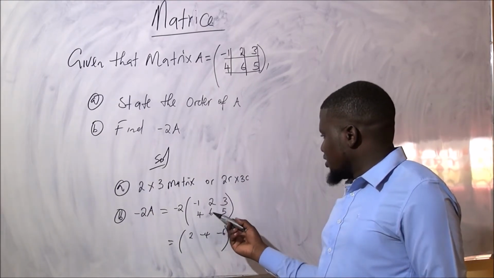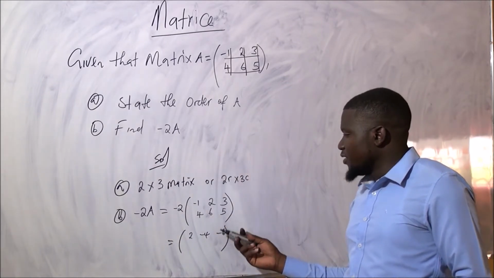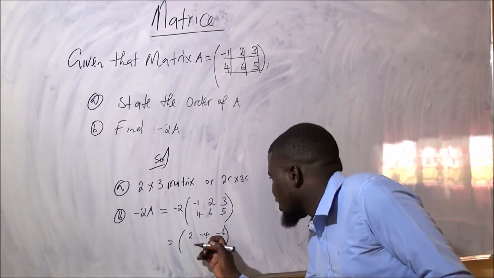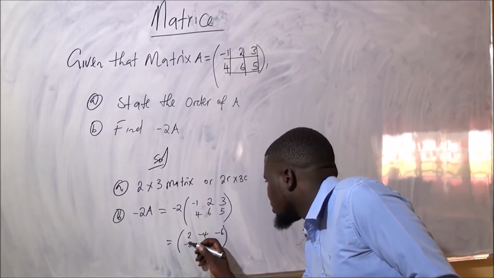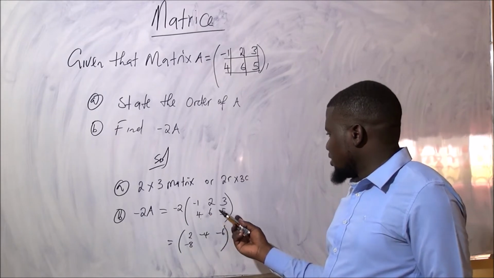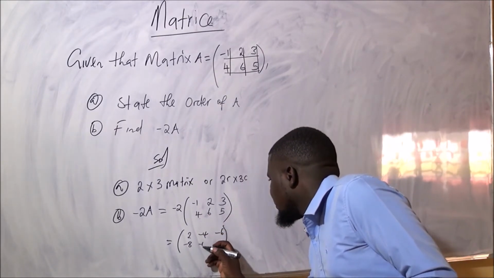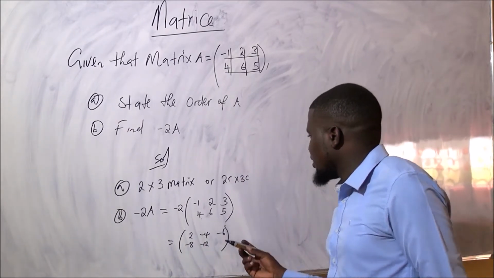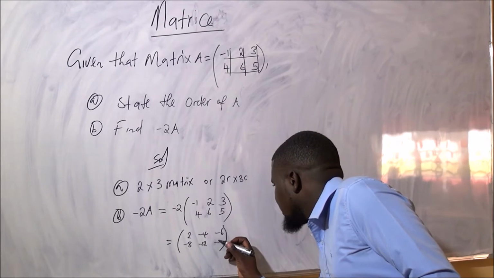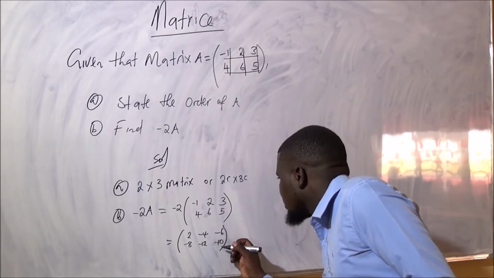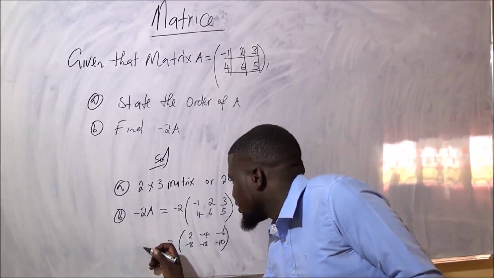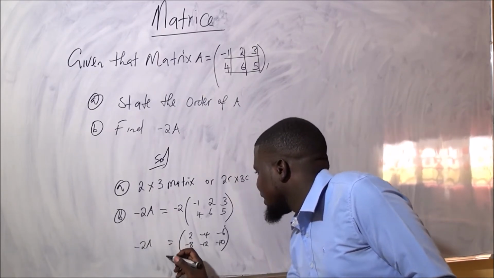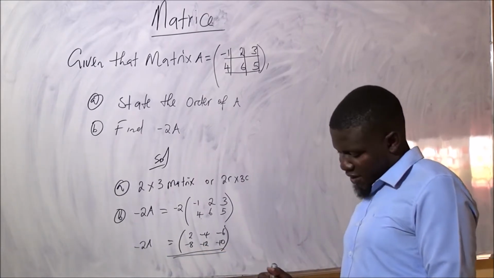Then we come to the second row, which is 4, 6, and 5, and we do the same. Negative 2 multiplied by 4 is negative 8. Negative 2 multiplied by 6 is negative 12. Negative 2 multiplied by 5 is negative 10. So this is the value of negative 2A. This is the final answer.